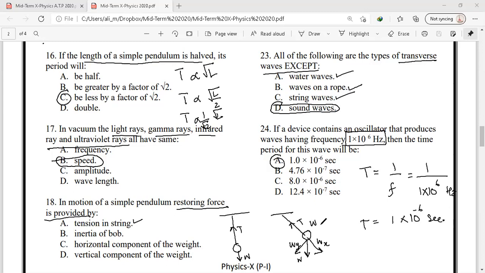Wx and tension force are cancelled out by each other, so the restoring force that brings the pendulum towards the mean position is Wy, that is the vertical component of the weight force. So the correct option in this question is option D.